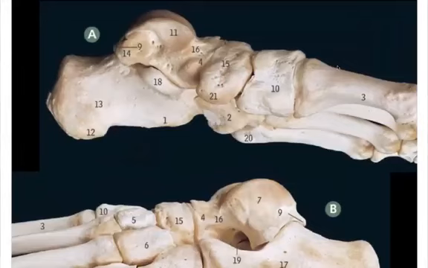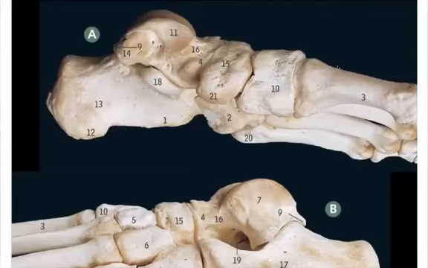Okay, from this picture you have to identify the same bones, but from this picture. So let's start with the larger one as always. So number 13 will be the calcaneus.